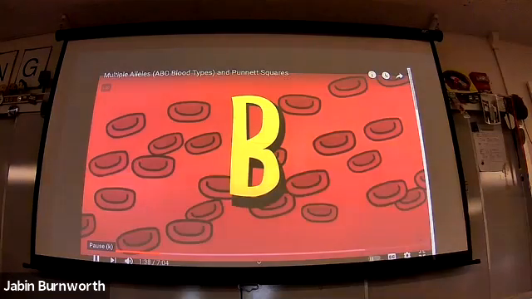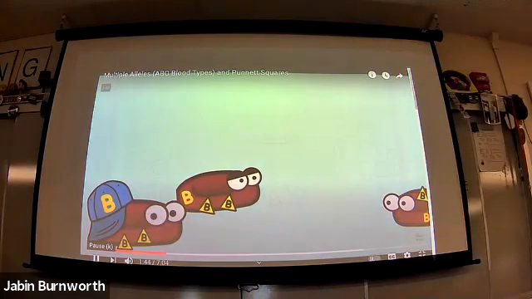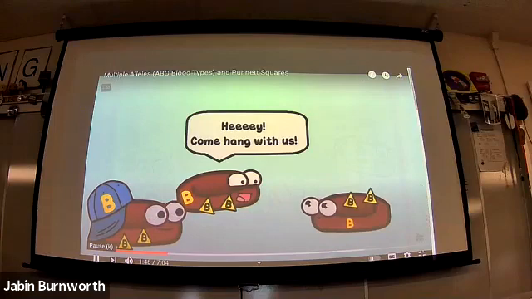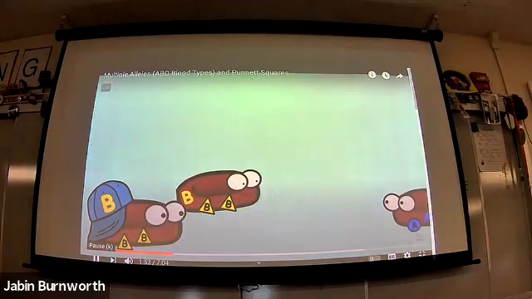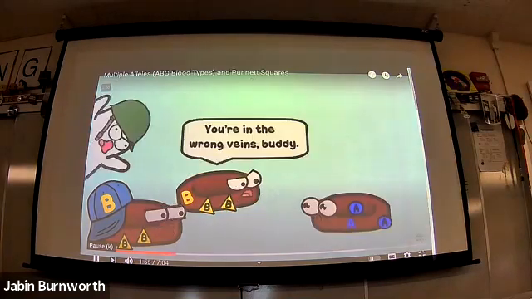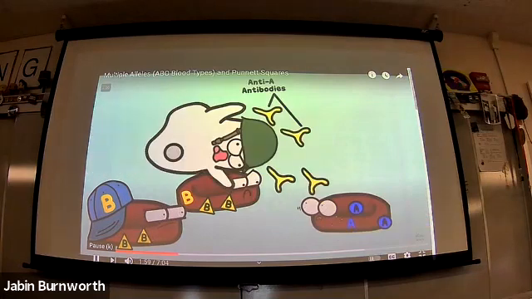So if you have type B blood, you have B antigens on the surface of red blood cells. That means a person with type B can accept another person's type B blood because B is an antigen that their body recognizes. But if you try to give that person a type A blood type, that's an antigen that the immune system does not recognize. That person's immune system would attack.